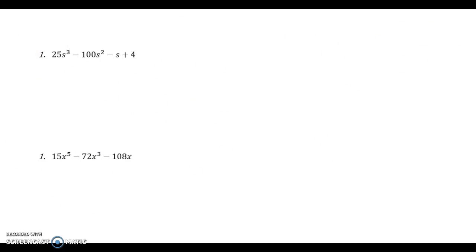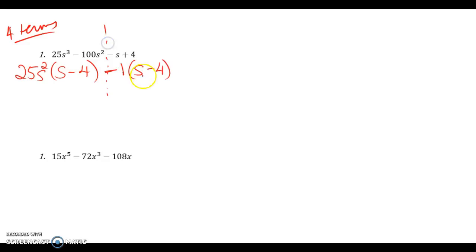Moving on. All right, notice 4 terms that I cannot combine. So I'm going to have to use factoring by grouping. So I'm going to see what's common in this first set, and I see that it's 25s squared, and what I have left is s minus 4. Well, let's see if I can get the same parentheses on the other side. What if I pull out a negative 1?